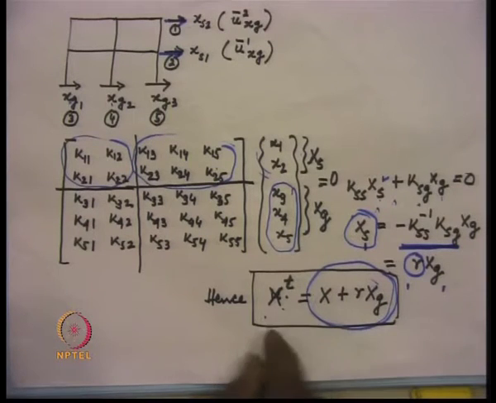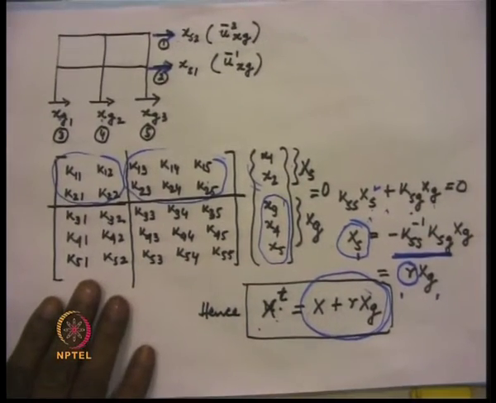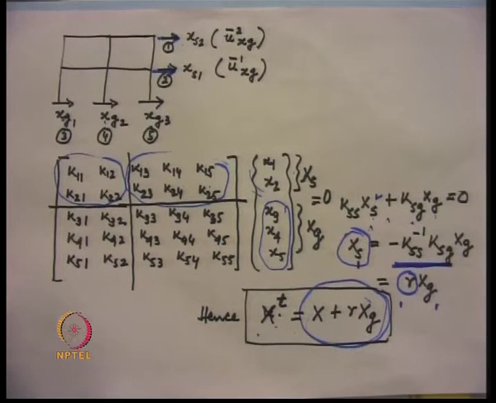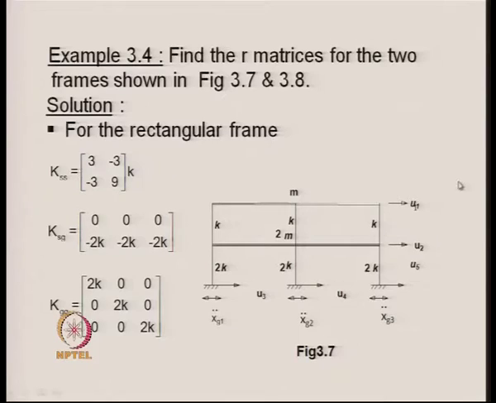These two displacements together give the value of x_t, and we write down the equation of motion in terms of x_t, and that is what is shown over here.